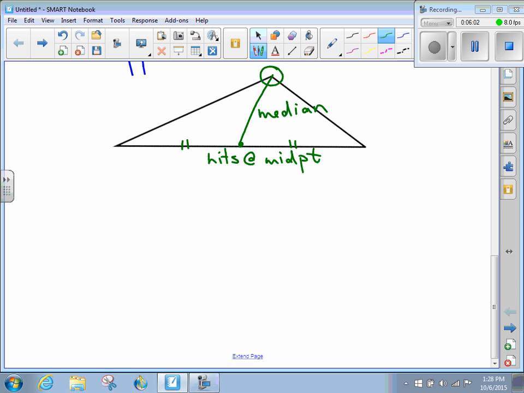The other term that you need to be comfortable with is this concept of something called a perpendicular bisector. So a perpendicular bisector is a line that cuts through a side of a triangle perpendicularly as well as through the middle.